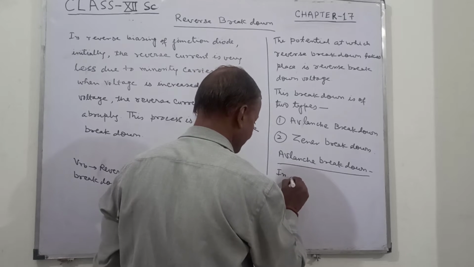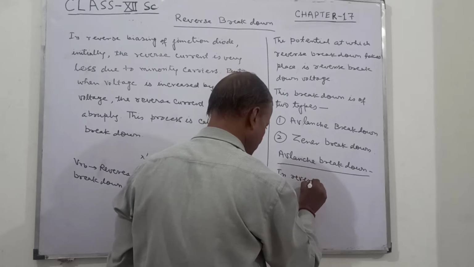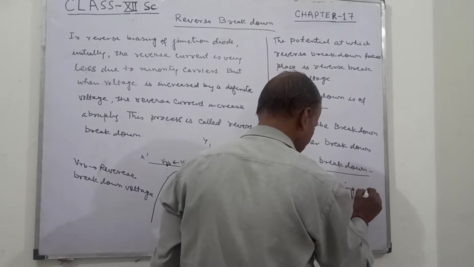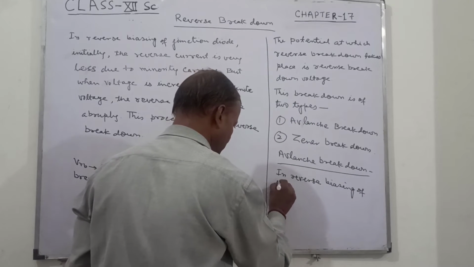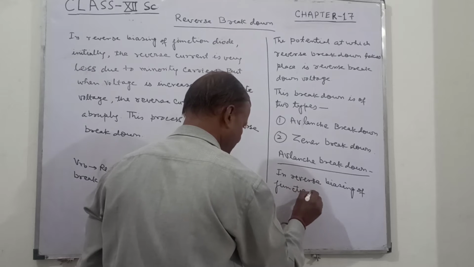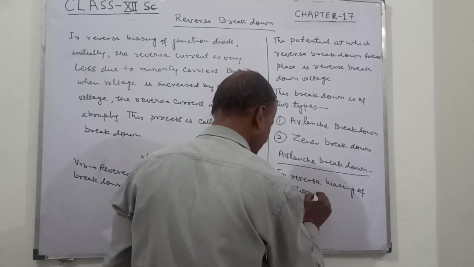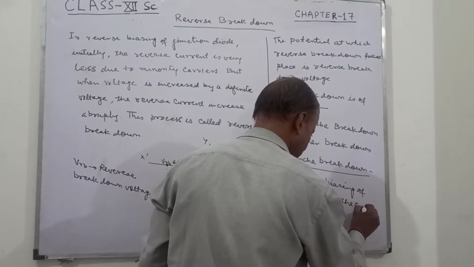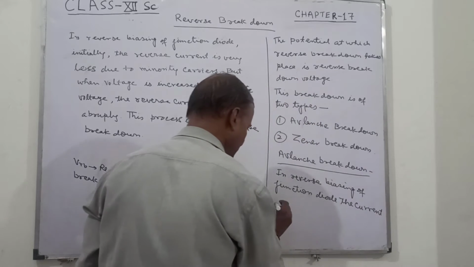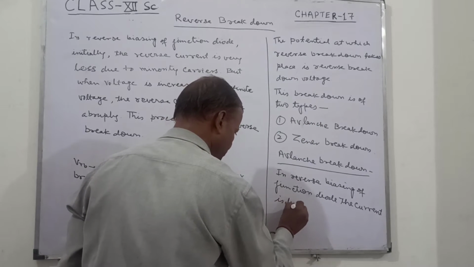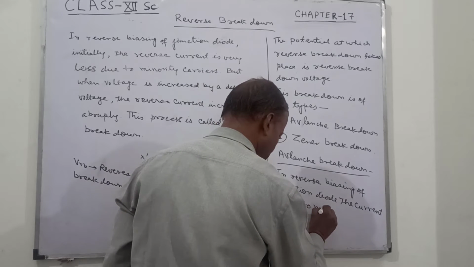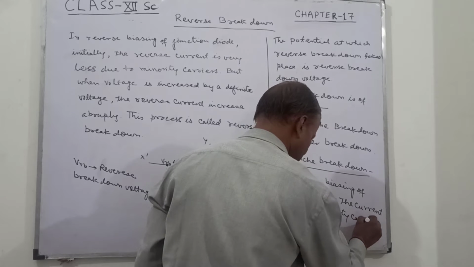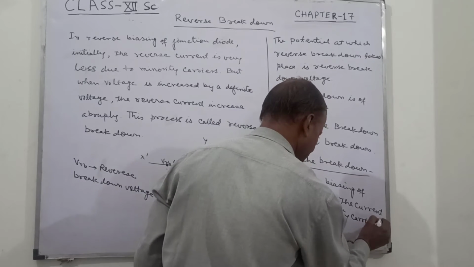In reverse biasing of a junction diode, the current is due to minority carriers.